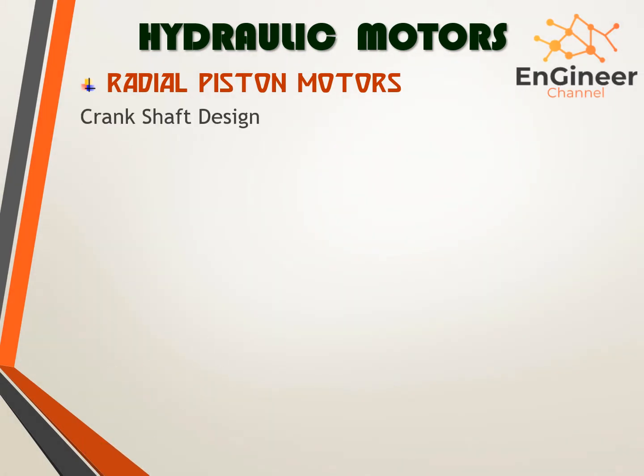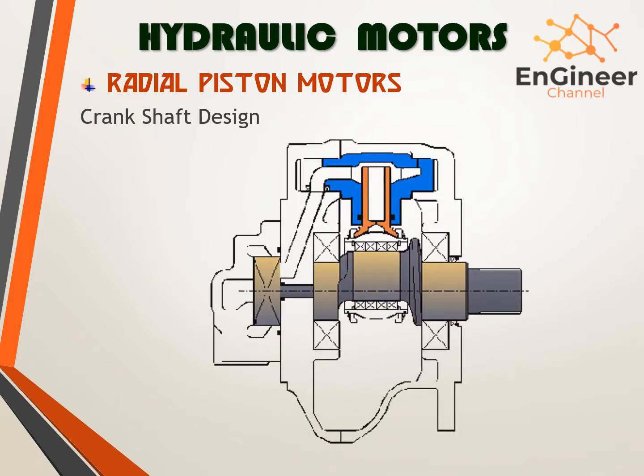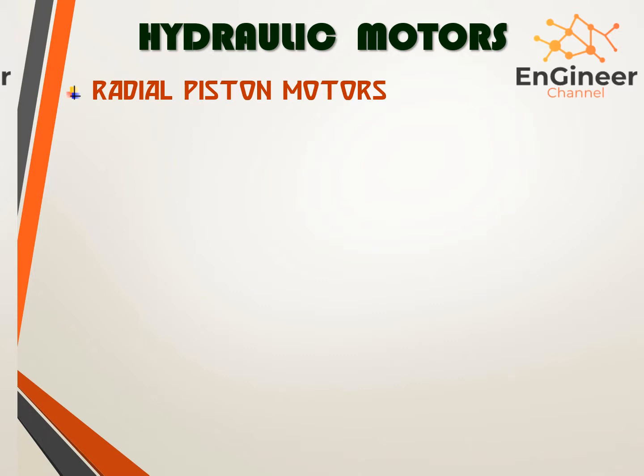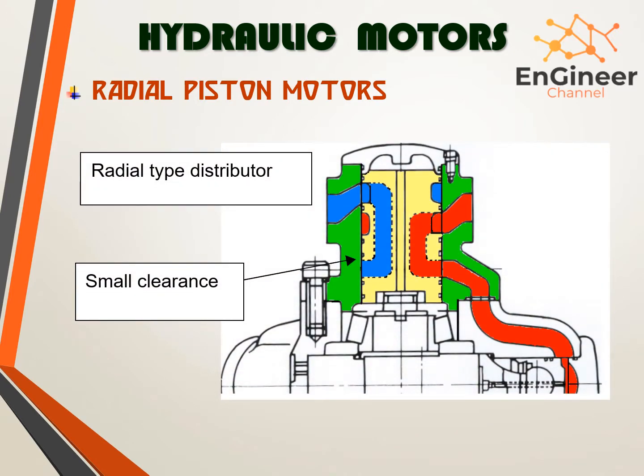This is the first type of radial piston motor, which is the crankshaft design. This is a picture showing a radial motor, radial type distributor.